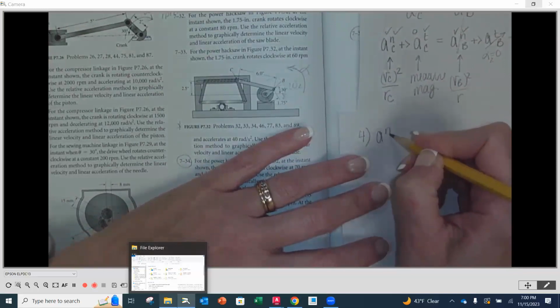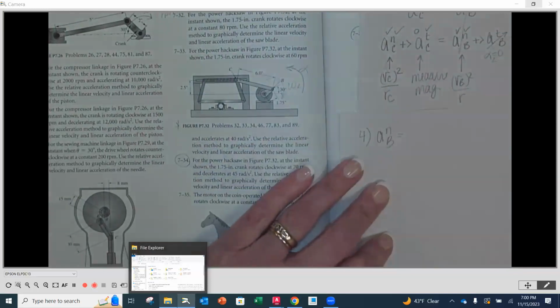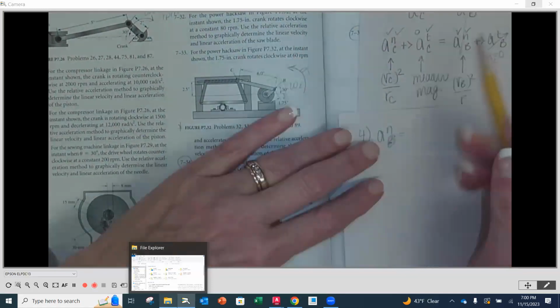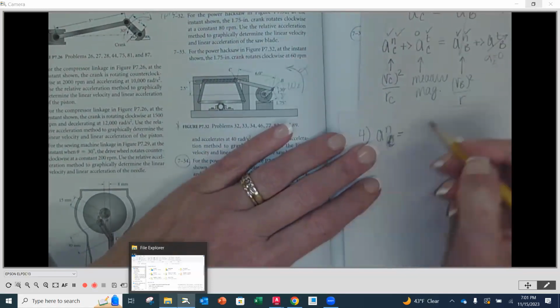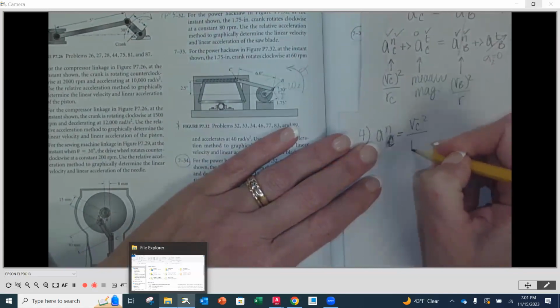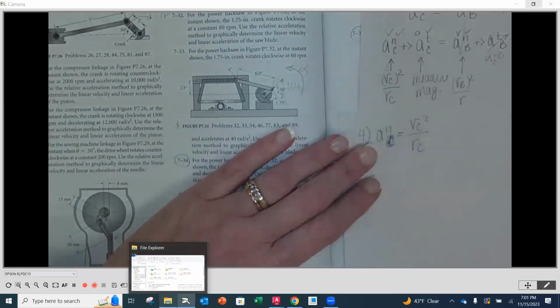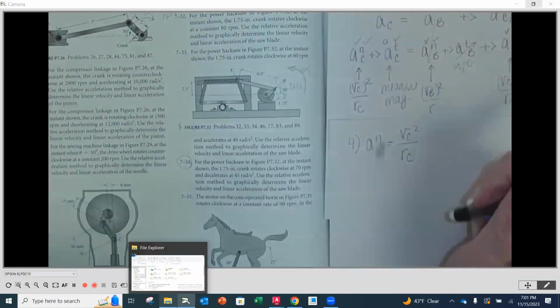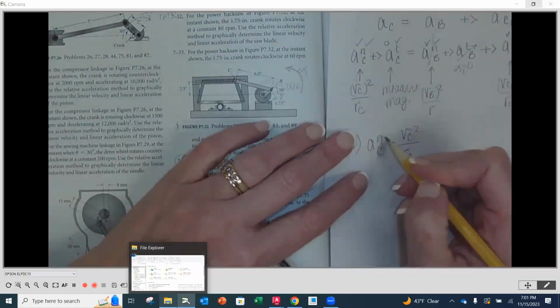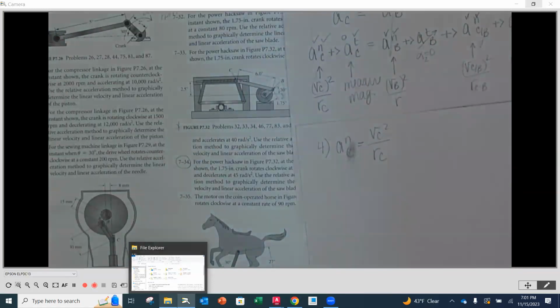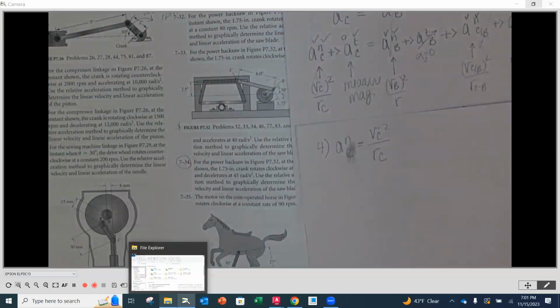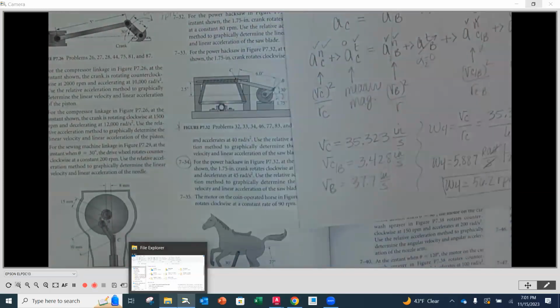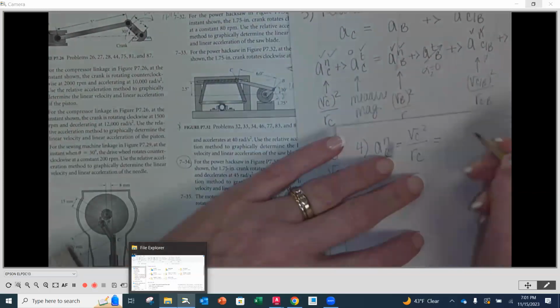So the acceleration normal at C is going to be equal to the velocity of C squared divided by the radius of C. Honestly, whether you use this equation or you use the W equation, it doesn't really matter, but the velocity of C is the least calculated value, if you would.